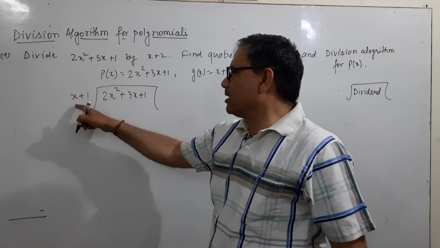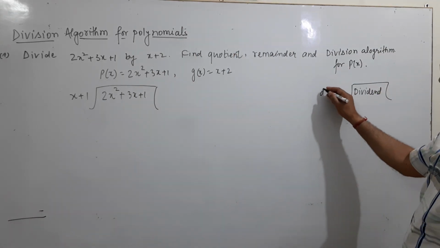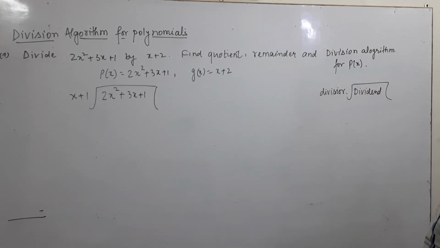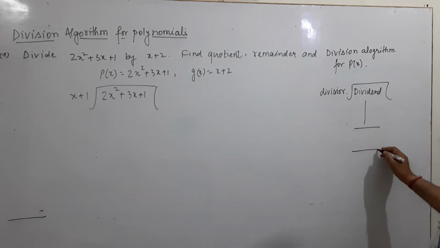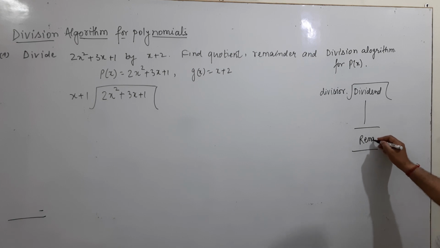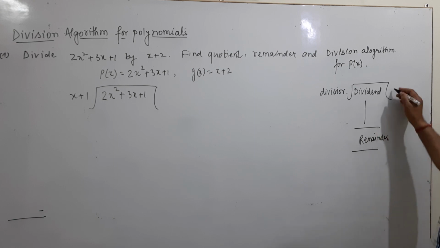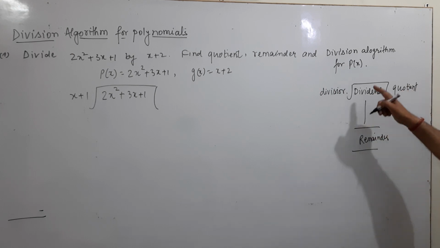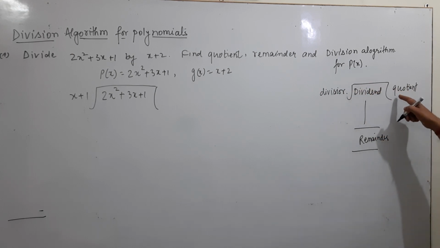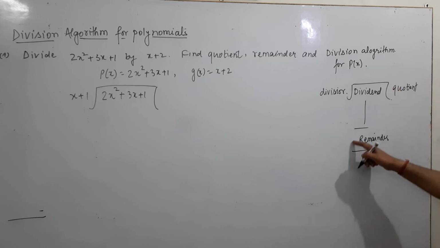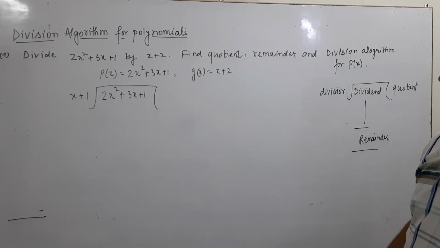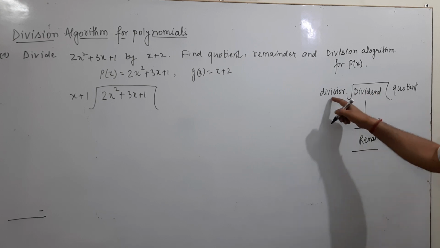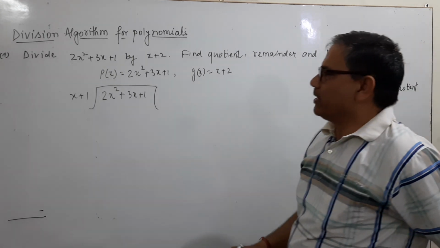This is the divisor. When we divide, here will be the remainder and here the quotient. When the dividend is divided by the divisor, the answer will be the quotient and the remainder. The two other values we obtain from the given two values, dividend and divisor.